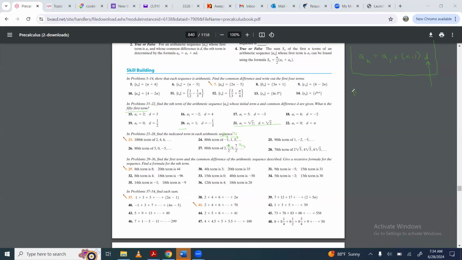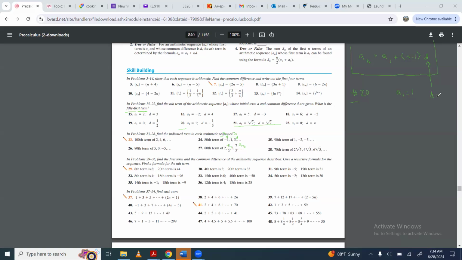In exercise number 20, we're given the two things. First term is 1, and the difference is going to be negative. It's actually negative 1/3.